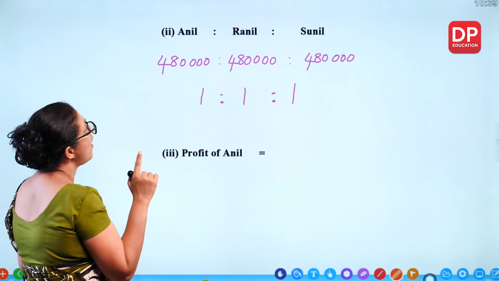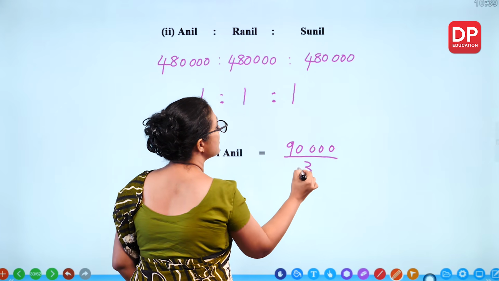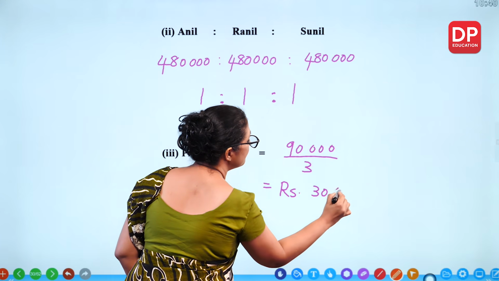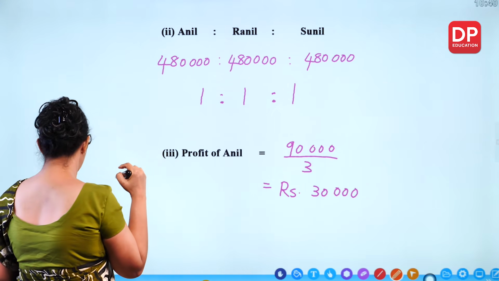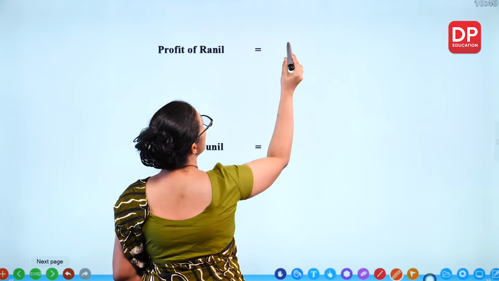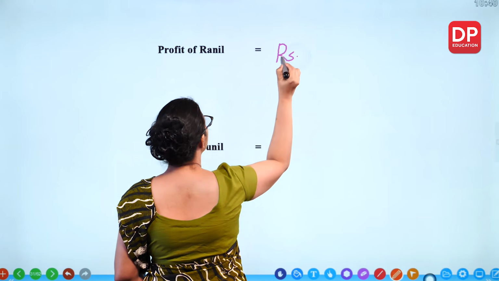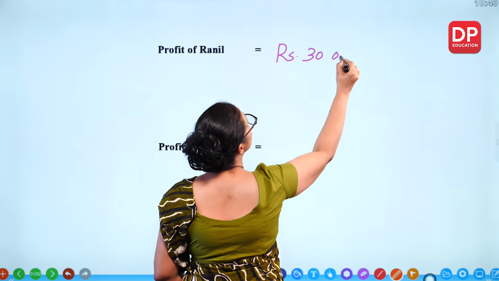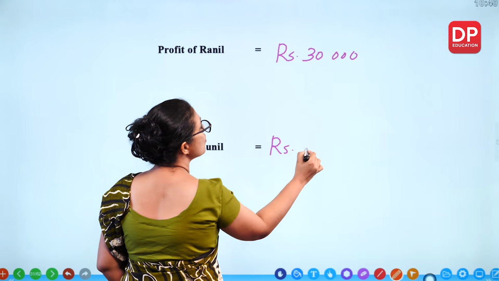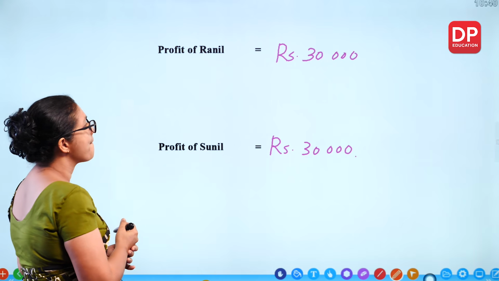So what's the profit for Anil? 90,000 divided by 3. 30,000. So what's the profit of Ranil? Same thing, 1/3 of 90,000. So what's the answer? 30,000. And profit for Sunil is also 30,000 rupees.